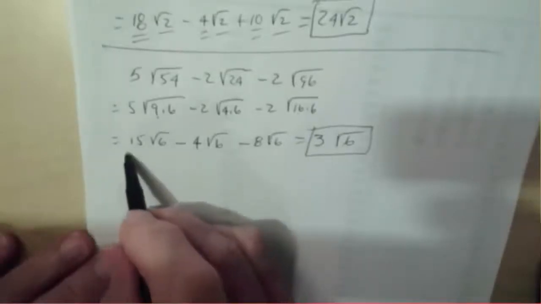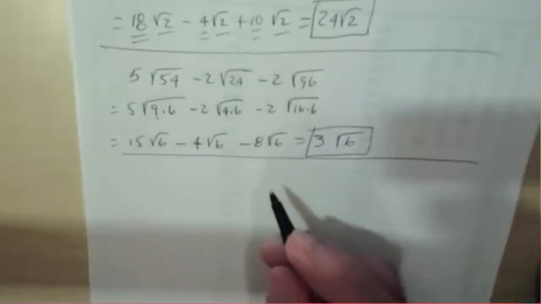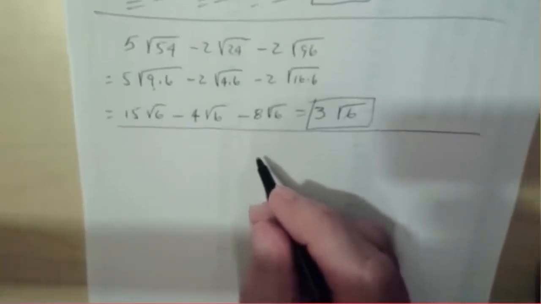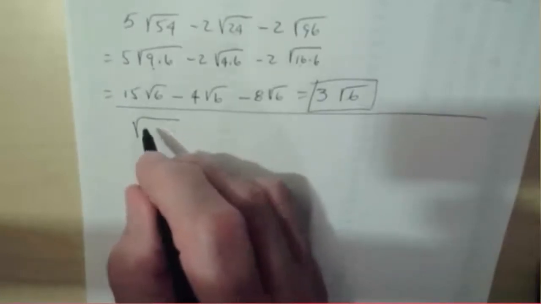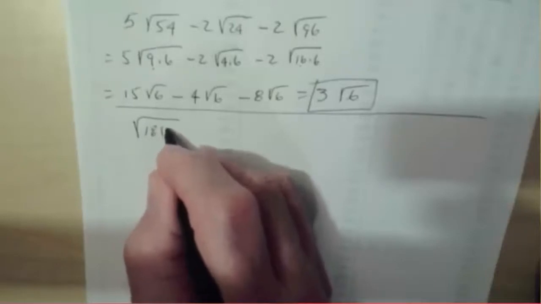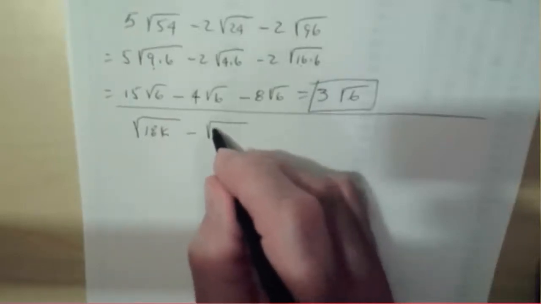Okay. I'll get this one if you're so smart. This is really about as difficult as these get, when they put these godless letters and stuff in here. So the square root of 18k minus the square root of 72k.